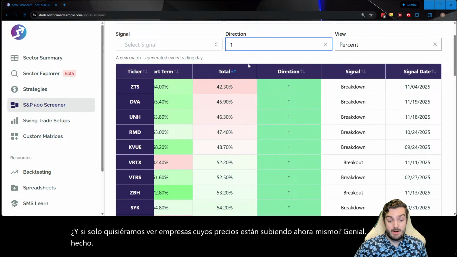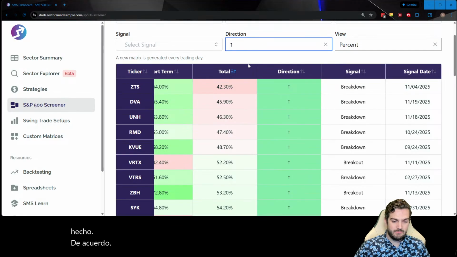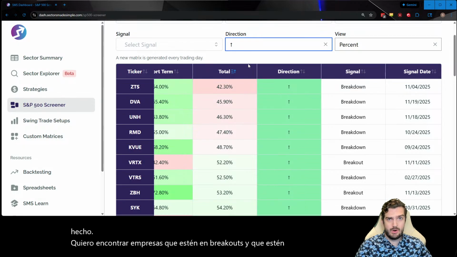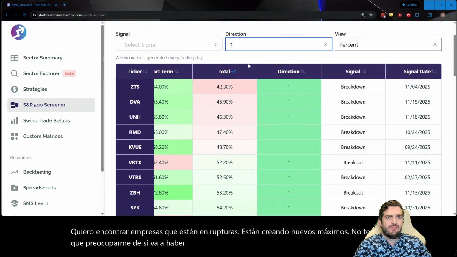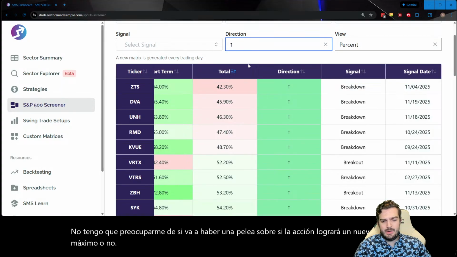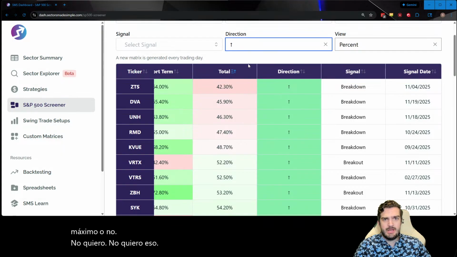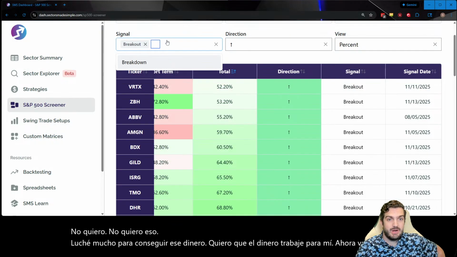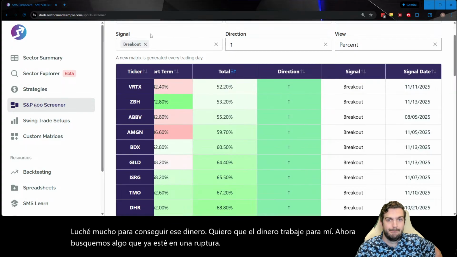Okay, I want to find companies that are on breakouts. They're creating new highs. I don't need to worry about if there's going to be a fight over if the stock gets to create a new high or not. I don't want that. I fought hard to get that money. I want the money to work for me now. Let's find something that's already on a breakout. Cool.